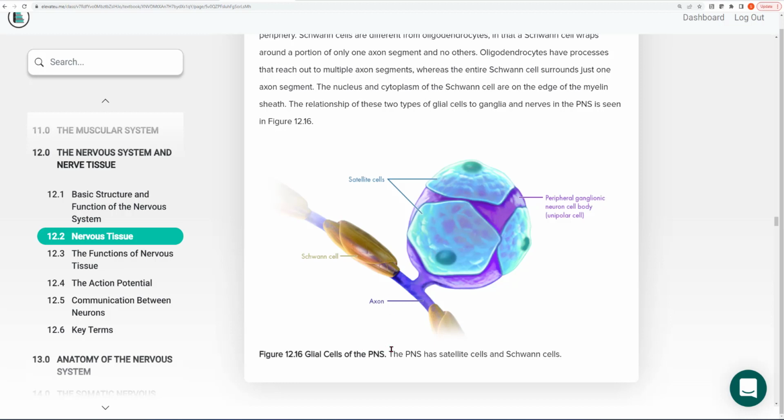This is definitely in the PNS because I'm seeing Schwann cells. And this is a sensory. Remember I told you that the unipolar neurons are sensory. So this is a sensory neuron cell body. And these 3 cells shown here are the satellite cells that are around the periphery, around the outside edge of that cell body.